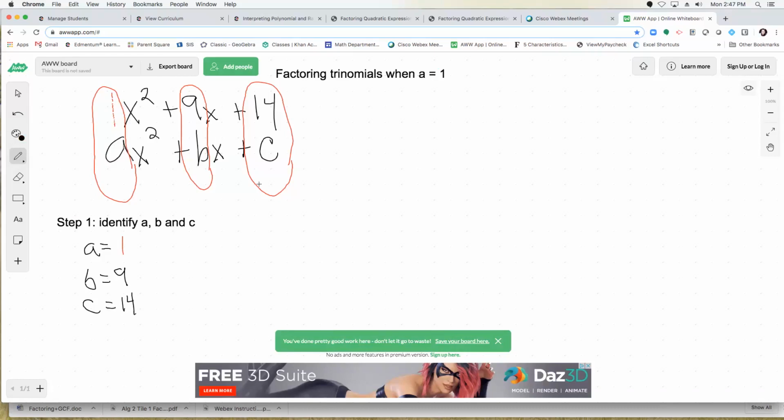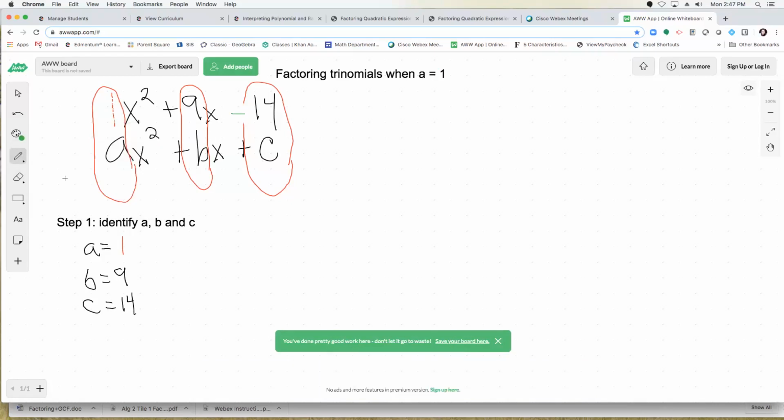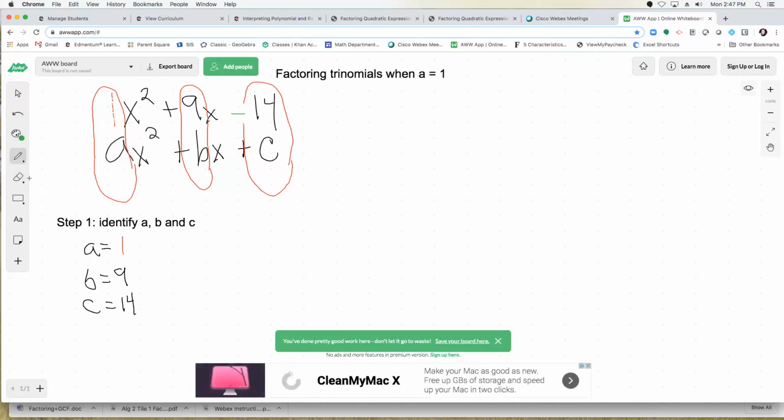A really important concept is to make sure you have the correct signs. So for instance, if this was a negative 14, then my C takes on that sign. So C would include that negative, and I'd put a negative here. Same thing with the 9.